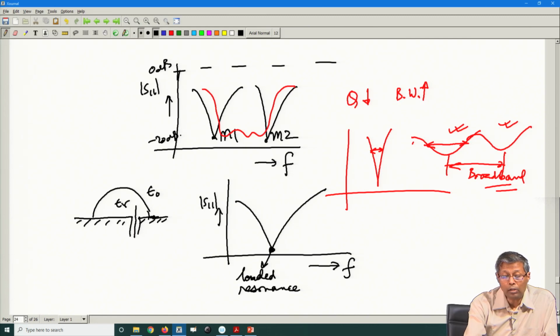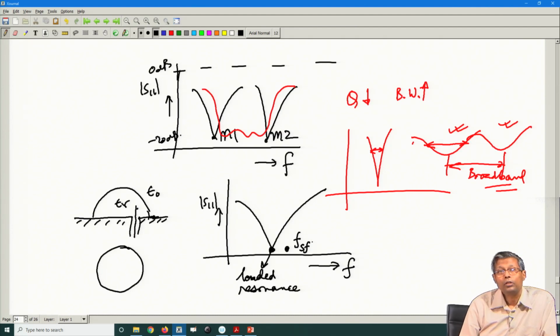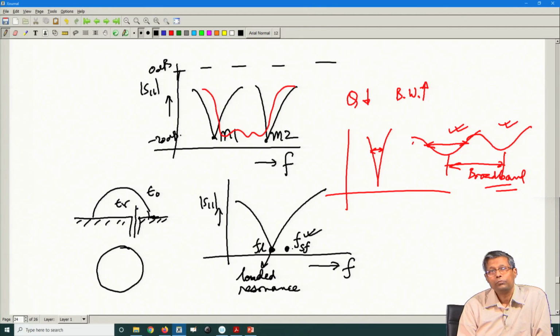Now, when you calculate the source free resonance by applying image theory, as I said, and take this as a whole sphere, and without the presence of the probe, then you are going to compute the source free resonance to be here. So, source free, SF, and this is the FL, which is the loaded resonance. So, the source free resonance will differ from the loaded resonance in general.